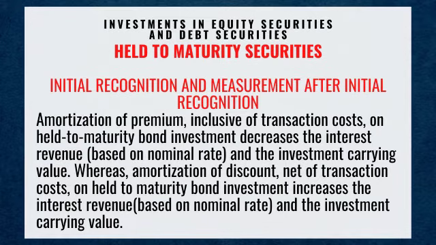Amortization of premium net of transaction costs on held to maturity bond investment decreases the interest revenue based on nominal rate and the investment carrying value, whereas amortization of discount net of transaction costs on held to maturity bond investment increases the interest revenue based on nominal rate and the investment carrying value.